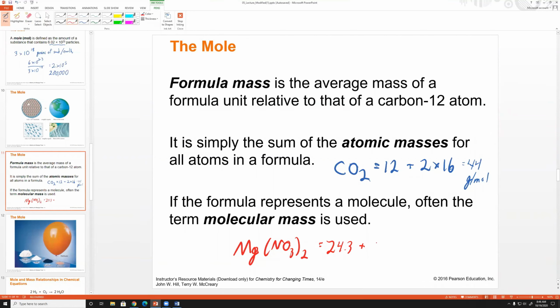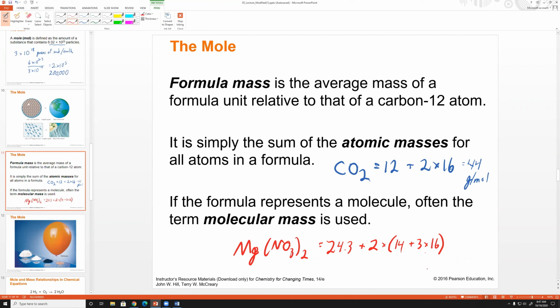So what you can do is simply say 2 times, in parentheses, the molar mass of NO3, which is nitrogen's 14 plus 3 times oxygen, and oxygen is 16. Then you close the parentheses. If you put that into the calculator correctly with the parentheses, it will give you the right answer. If you forget the parentheses, it won't, because it'll do 2 times 14 plus 3 times 16 instead of 2 times 14 plus 3, then times 16.